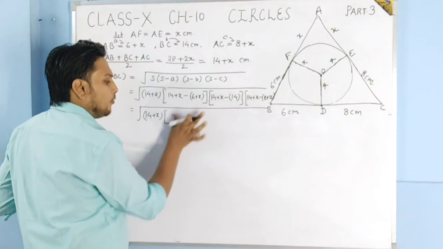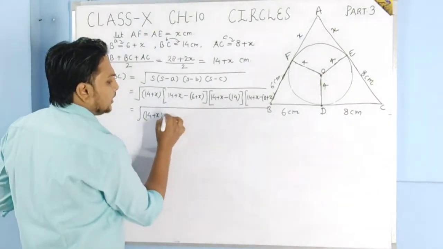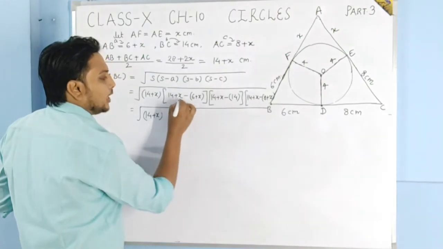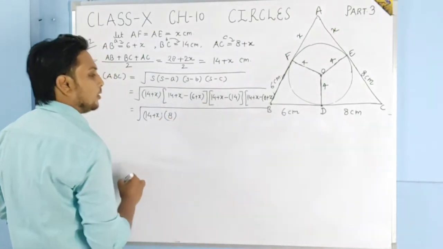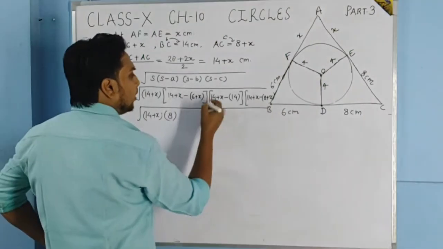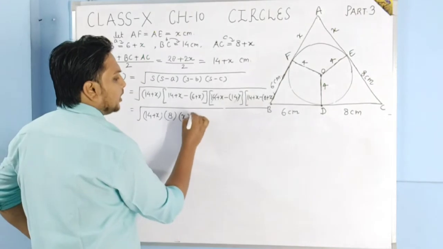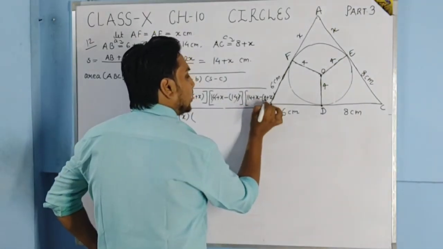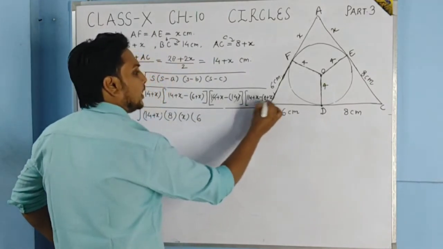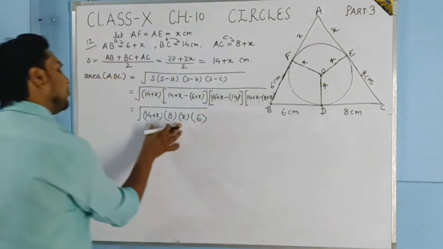So basically from here we get 14 minus 6, that is 8, and x will be cancelled out, so only 8 will be here. Here also 14 and 14 will be cancelled out, only x will be left, and here 14 minus 8, that is 6, and x will be cancelled out. So when you simplify, what you get is this.